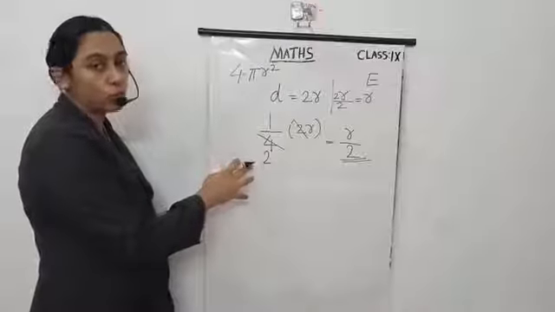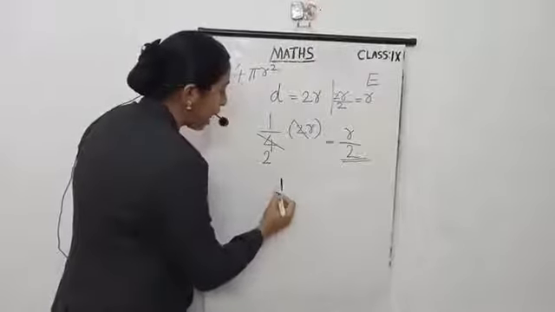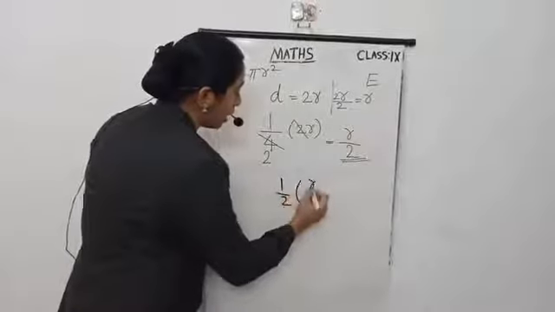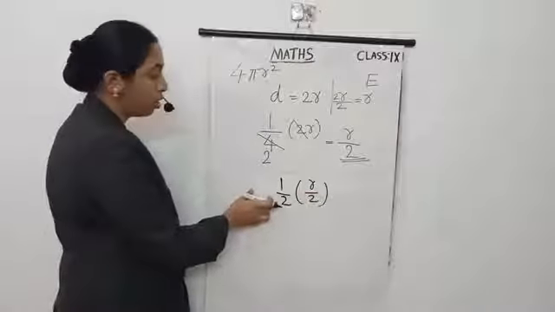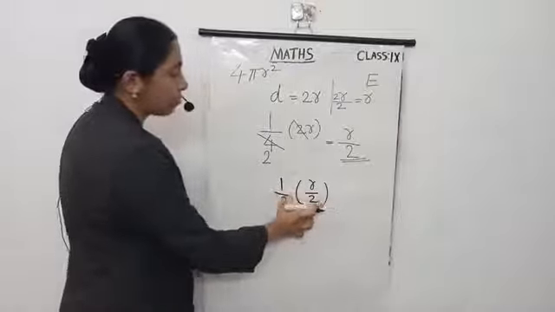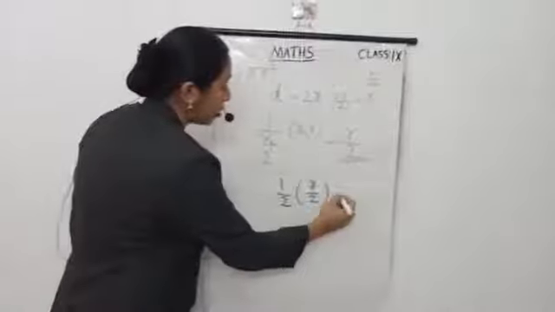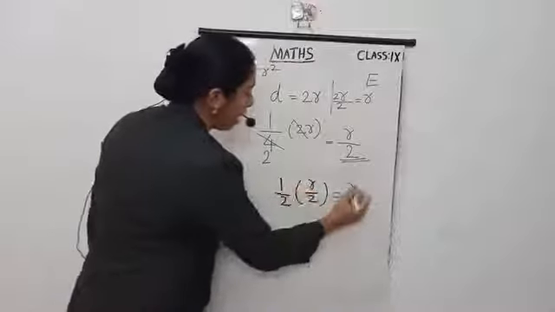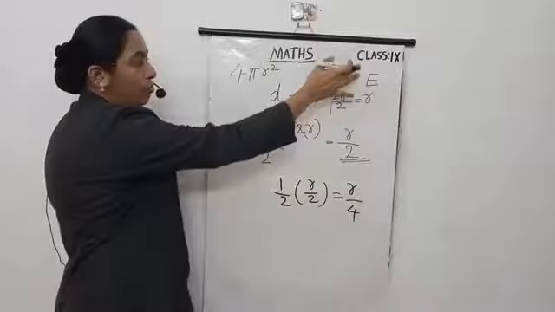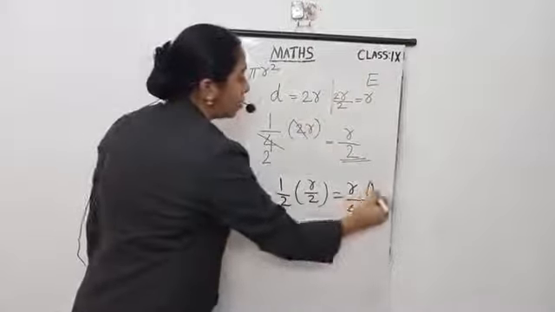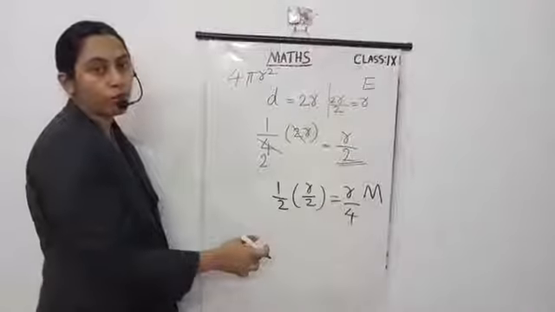Radius of the moon is half of diameter of the moon. Half is 1 by 2. Half of diameter of the moon r by 2. This is equal to 1 into r, and 2 into 2, 4. So we get radius of earth r and radius of moon r by 4.